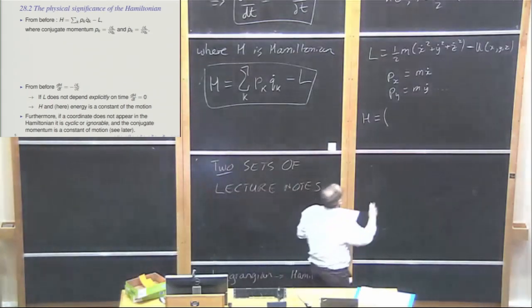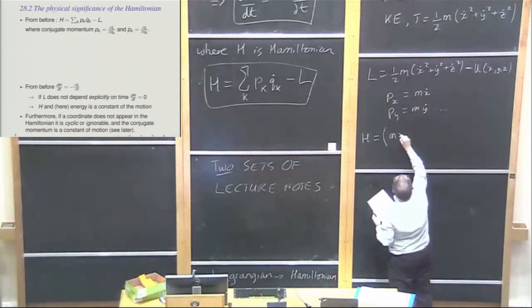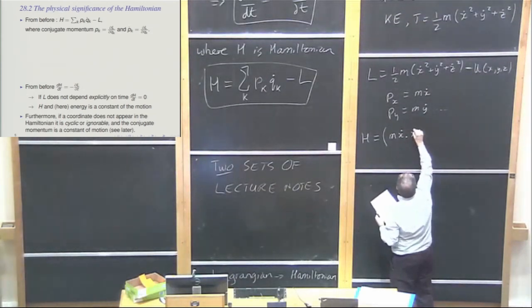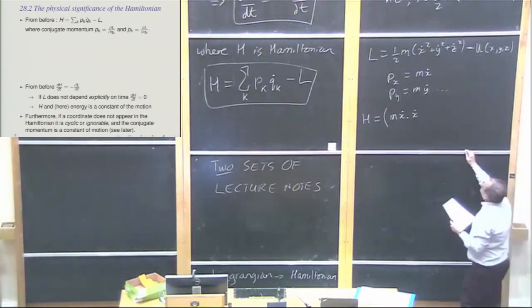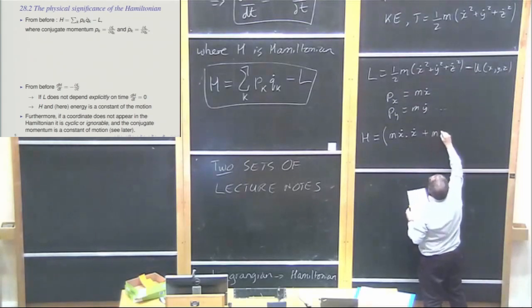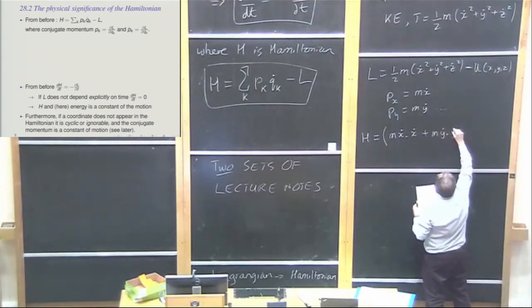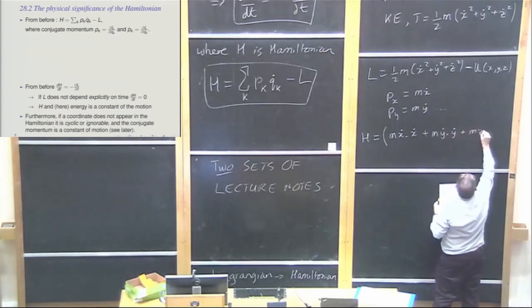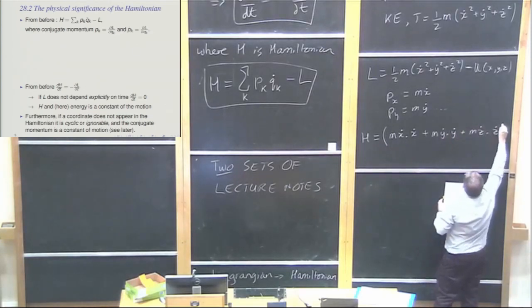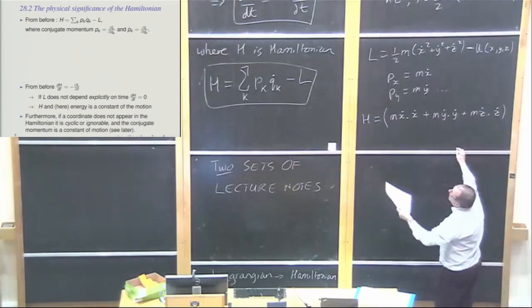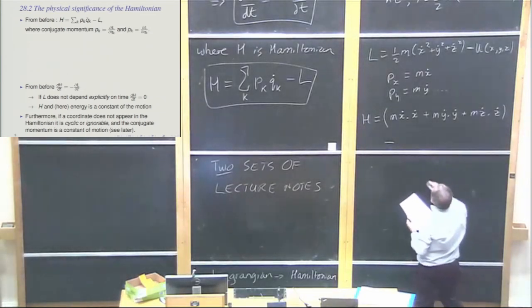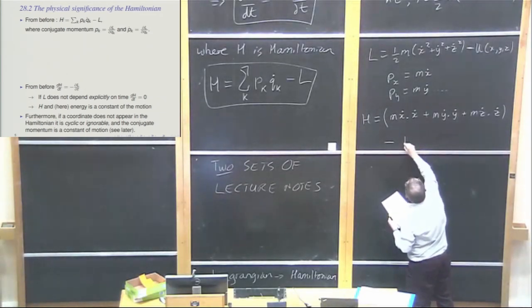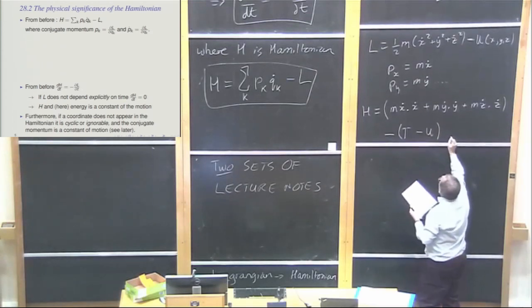So it's just m x dot multiplied by x dot, and then similarly for y dot and z dot. And then we have to subtract off the Lagrangian, which is, let me just keep it as, minus T minus U.